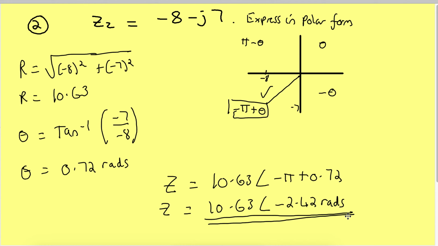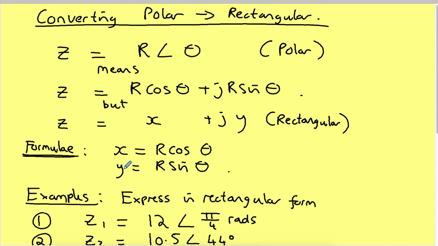Right, so we're now moving on to our next bit, and that's just again something we've done before, and that is converting polar to rectangular. So this is polar form, or shortened polar form is what this bit is here.